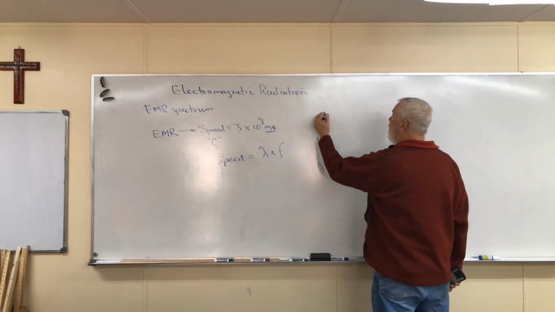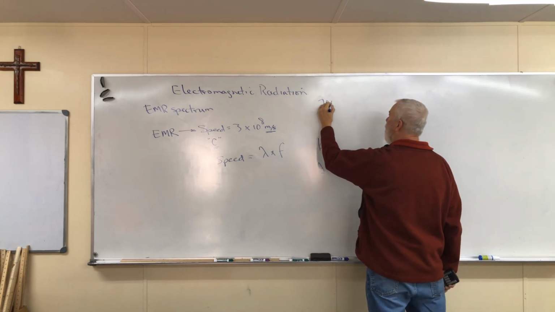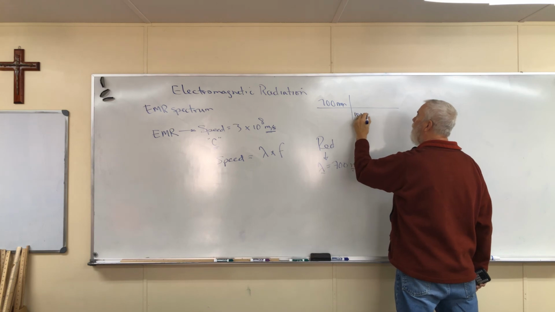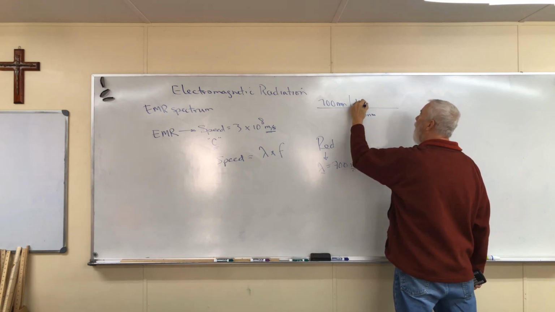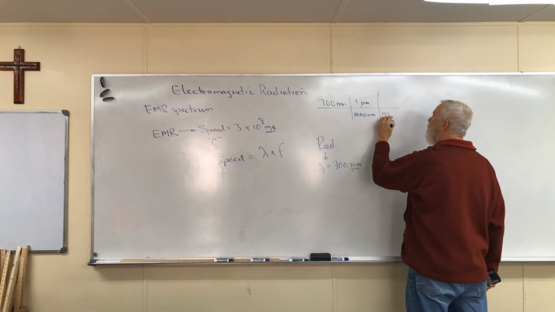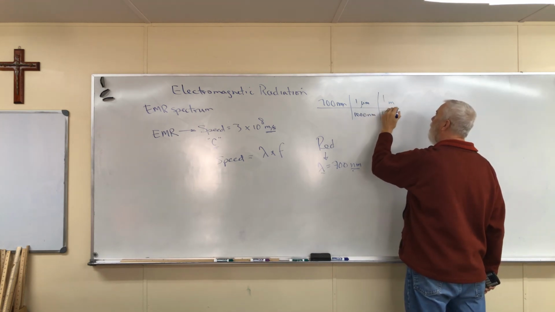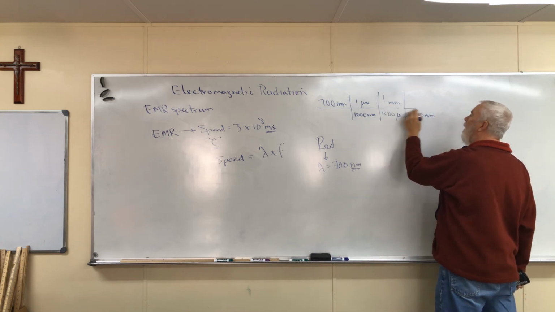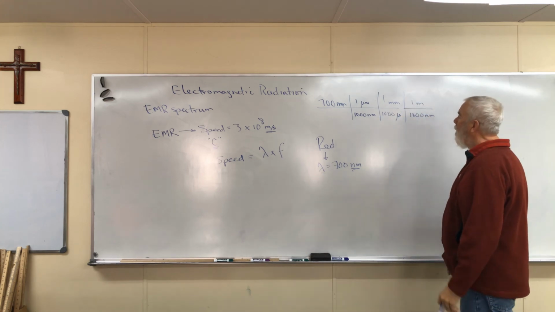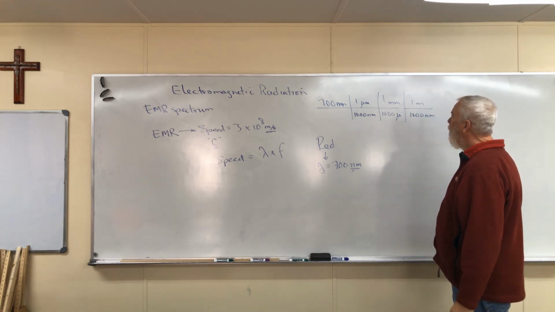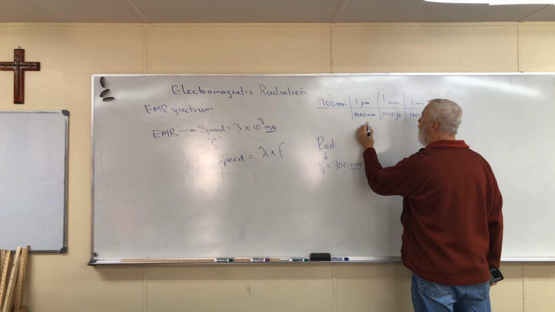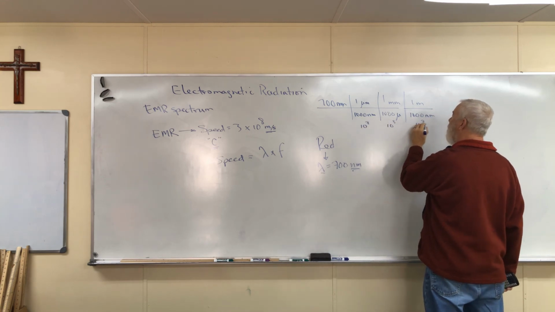And so it looks a little bit like this, and you should remember this from factor label. There are 1,000 nanometers in 1 micrometer, 1,000 micrometers in 1 millimeter, and 1,000 millimeters in 1 meter. That's a conversion you should be able to do easily, but let's shortcut this a little bit. This is 10 to the third, this is 10 to the third, this is 10 to the third.